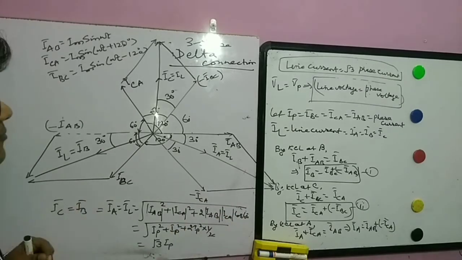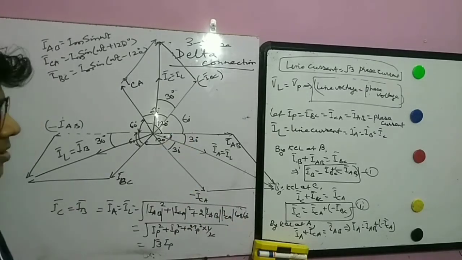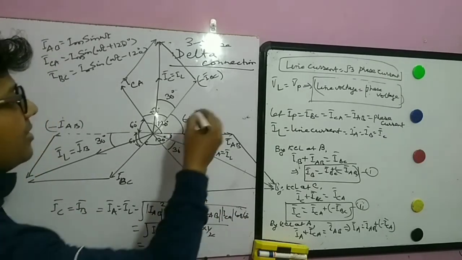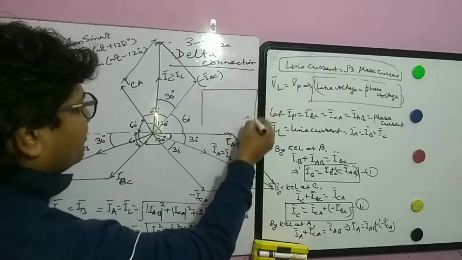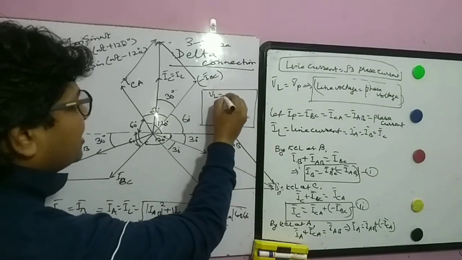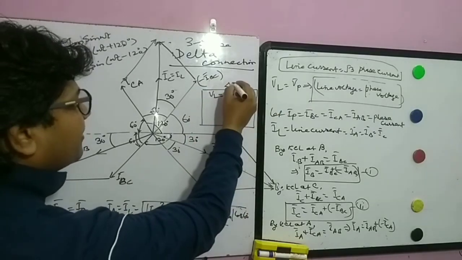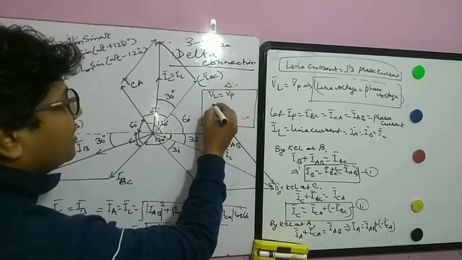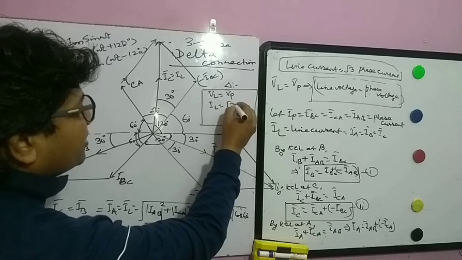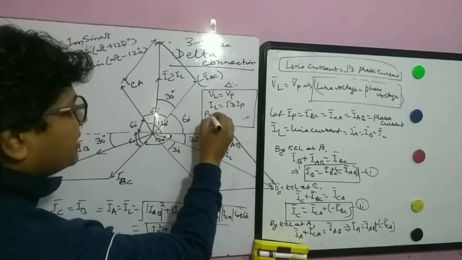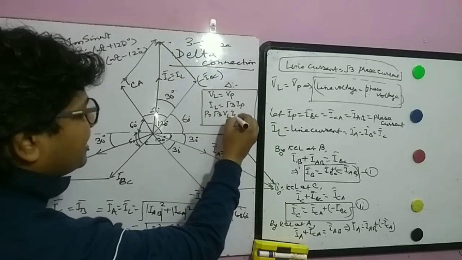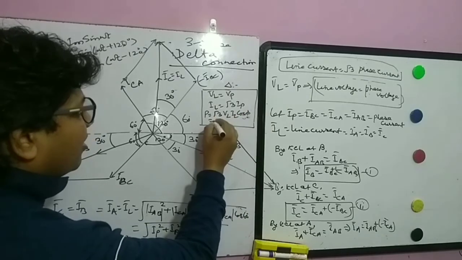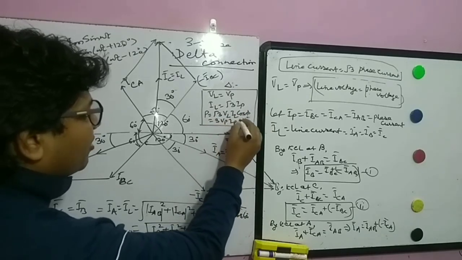So in brief we have to keep in mind, VL is equal to VP, we are talking about delta only. So VL is equal to VP, IL is equal to root 3 times IP, P is equal to root 3 VL IL cos phi, or this is equal to 3 VP IP cos phi.